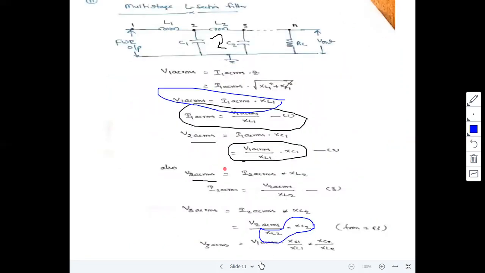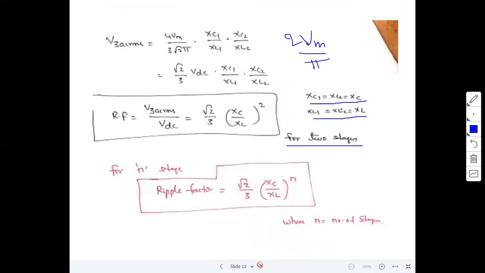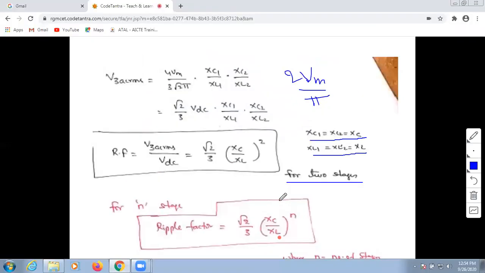Lastly, we discussed the multi-stage filter, where the ripple factor is equal to root 2 by 3 into XC by XL whole to the power of N, where N is the number of stages.